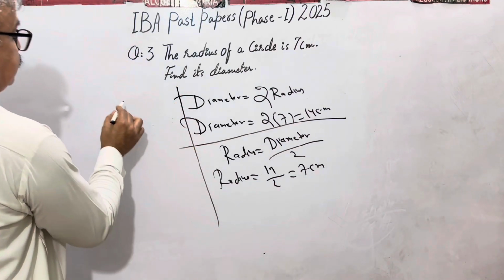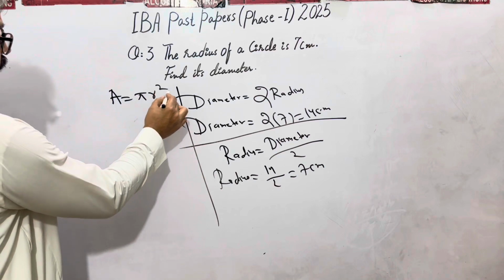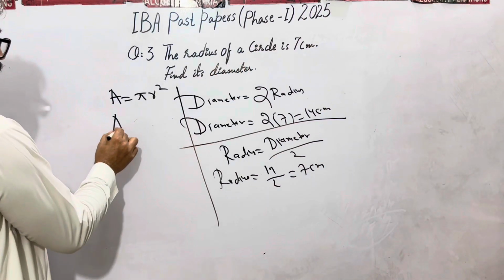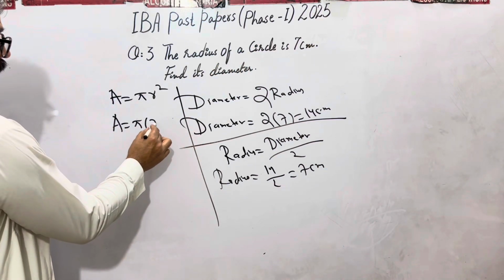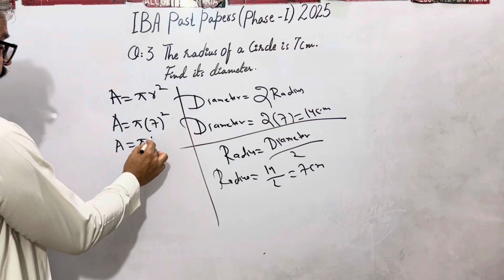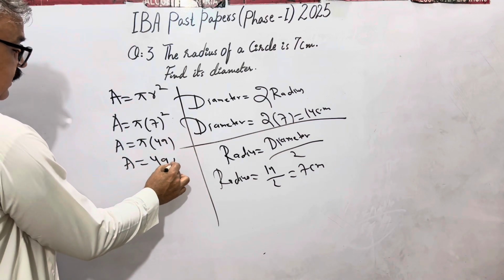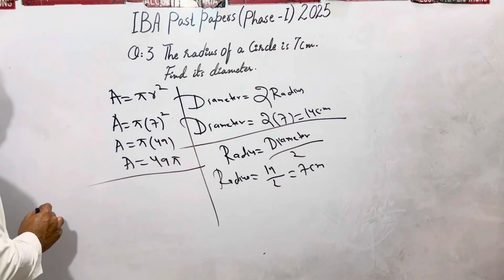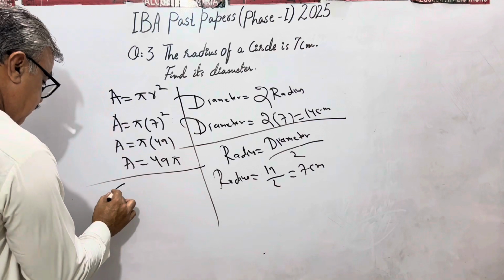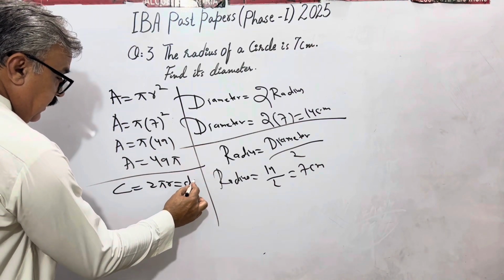What is the area of a circle? Area of a circle is given by pi r squared. In that case, area is pi times 7 squared. The square of 7 is 7 times 7, 49. So the area is 49 pi square units. What about circumference? Circumference is given by 2 pi r or d pi.